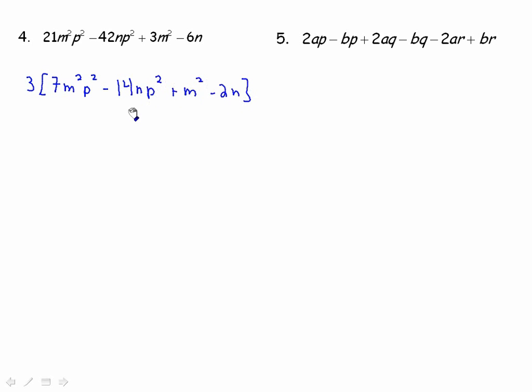And now we just go to work on the inner expression. The 3 sits outside as a passenger, and then in this first grouping of 7m²p² − 14np², the 7 can be divided out, and I think we can also remove a p² from both of those terms, and that should leave us with m² − 2n.